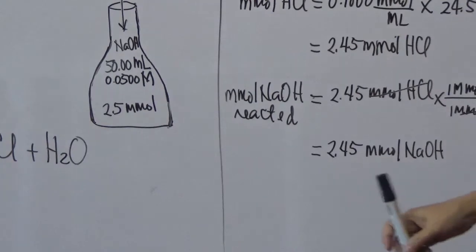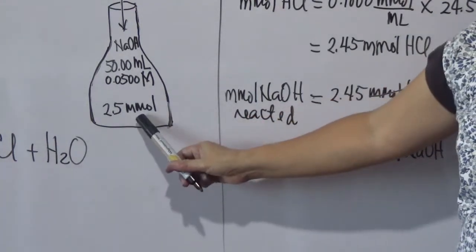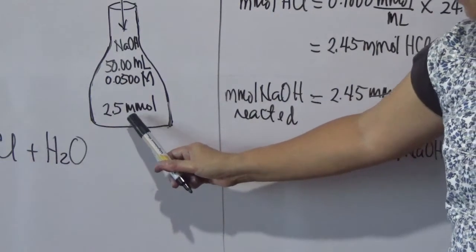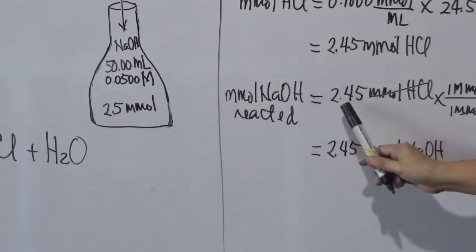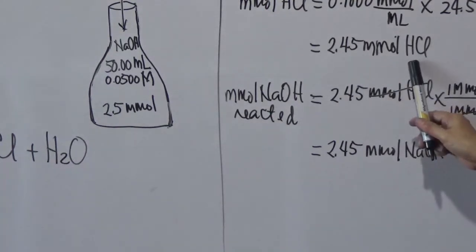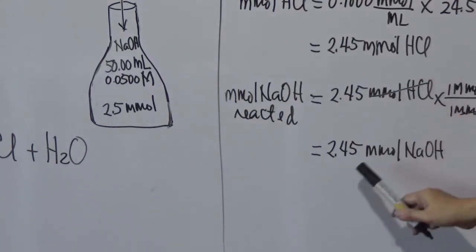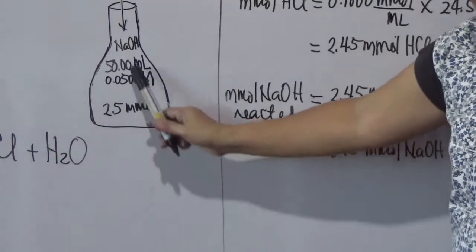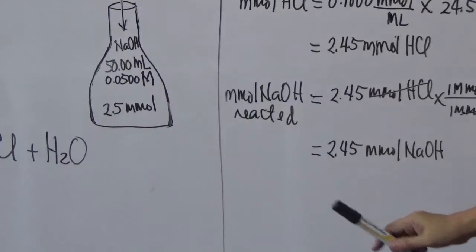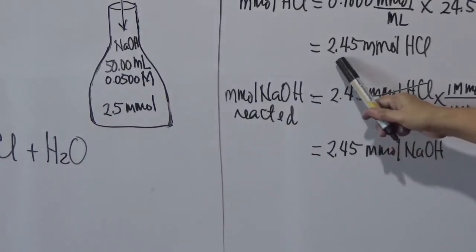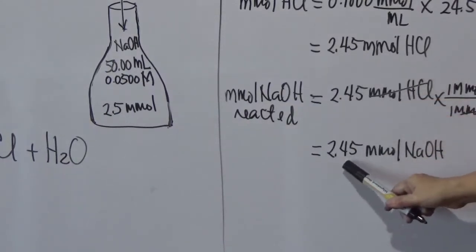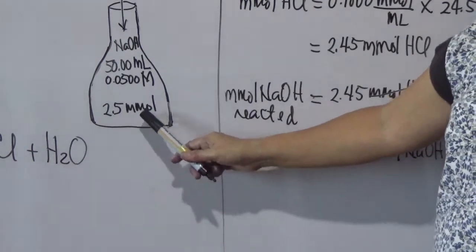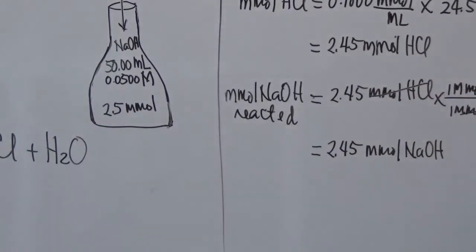So meaning, if you have 2.5 millimole of sodium hydroxide initially, and some amount of it reacts with 2.45 millimole of hydrochloric acid, there is still sodium hydroxide that remains in the flask.